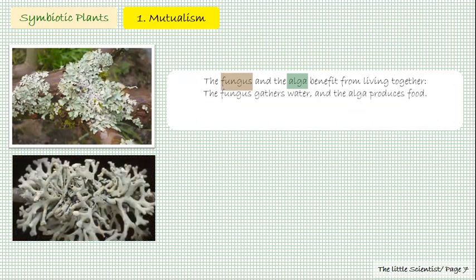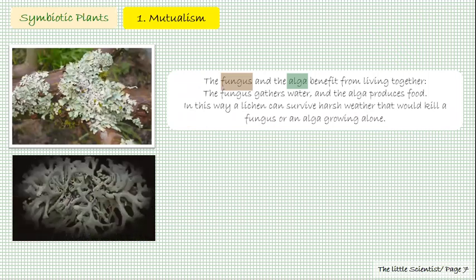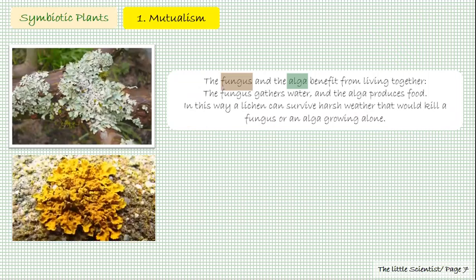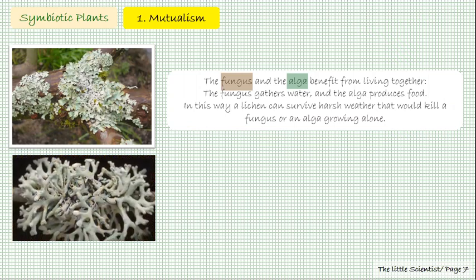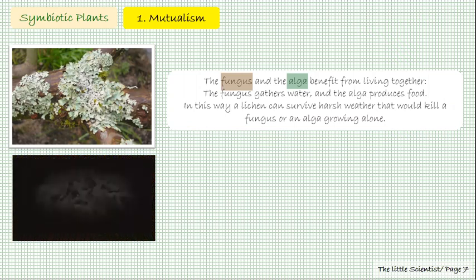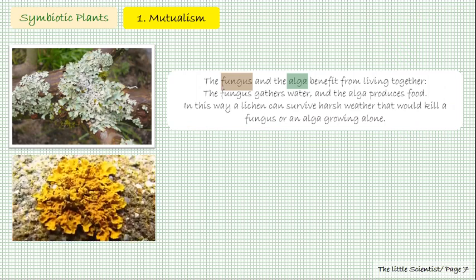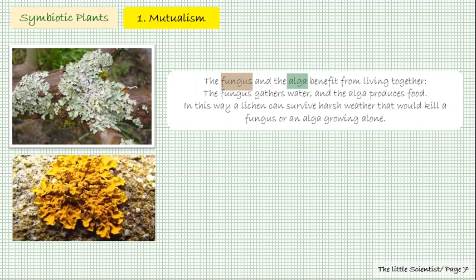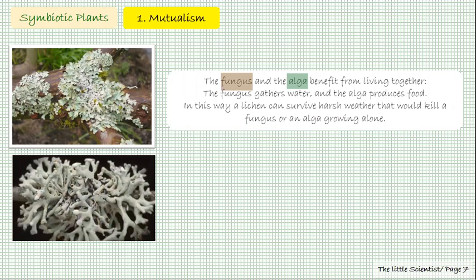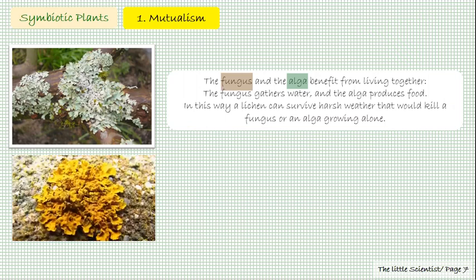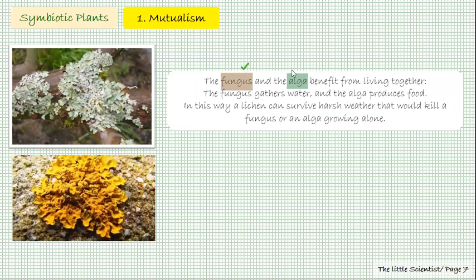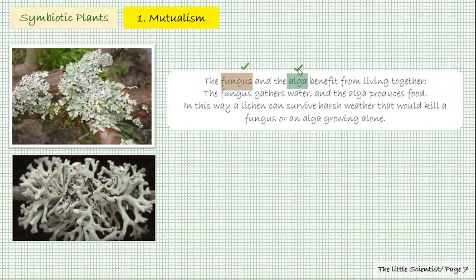The fungus gets water and gives it to the alga. Now the alga has everything. It produces food and gives some in return to the fungus. So both organisms, the fungus and the alga, are helping each other.